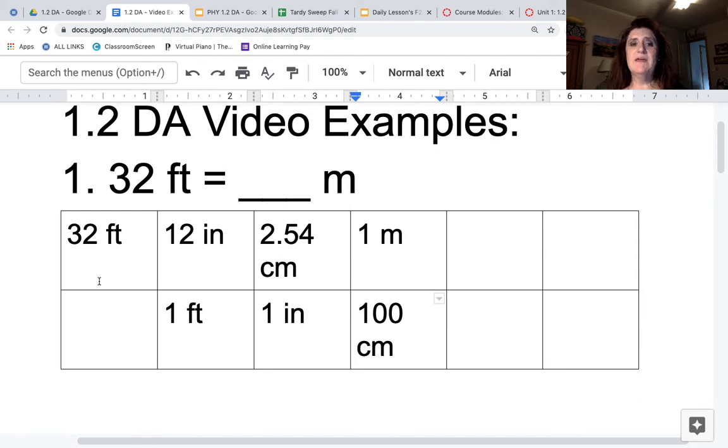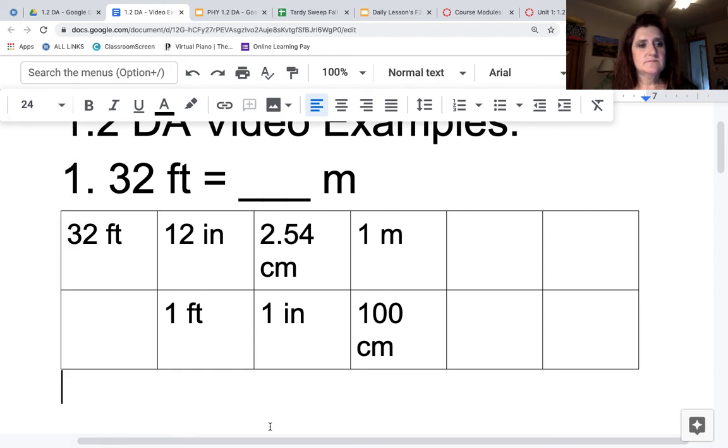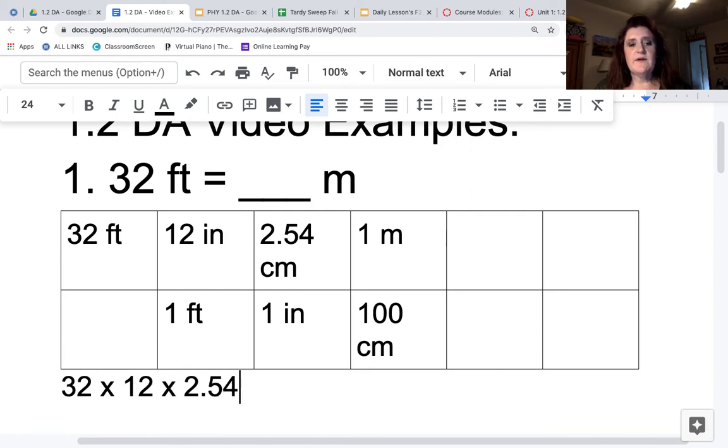Okay? Then mathematically, in one step, I'm going to take 32 times 12 times 2.54 and divide by 100.